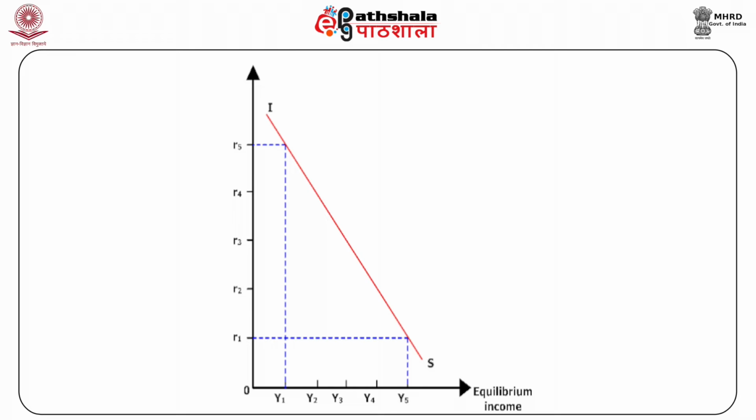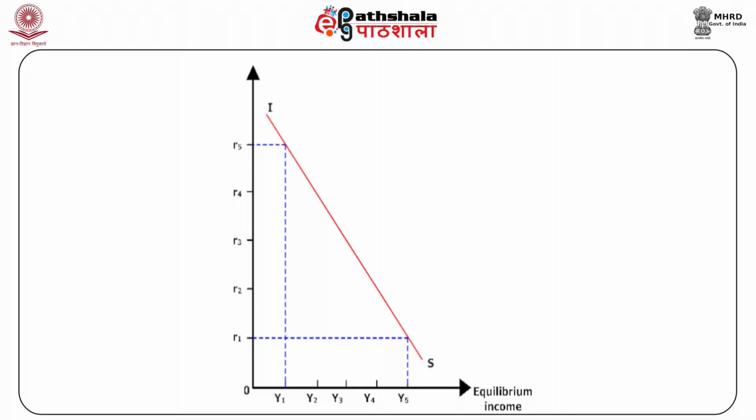R5 is an arbitrarily chosen rate of interest which is quite high. At this high rate of interest, suppose we choose arbitrarily another savings function which corresponds to the income level Y5, that is S5 Y5. Since we are considering the income to be very high, we would like to examine whether this is logically possible.